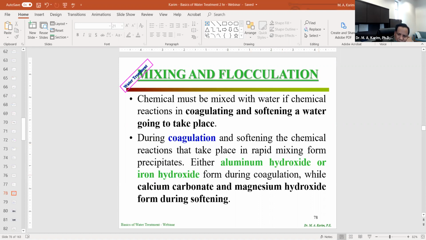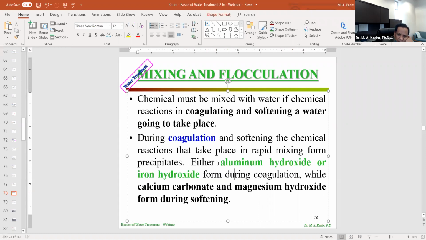Either aluminum hydroxide or iron hydroxide forms during coagulation, while calcium carbonate and magnesium hydroxide form during the softening process. These are the precipitates.